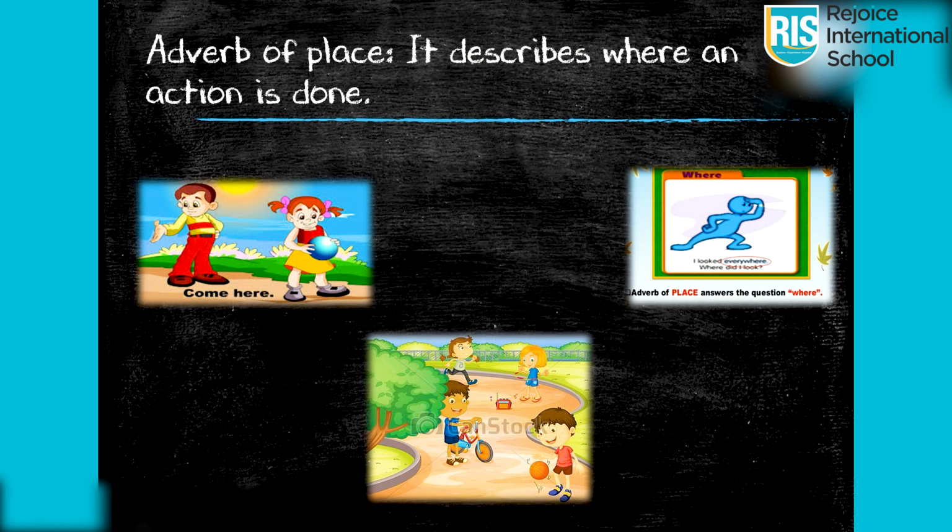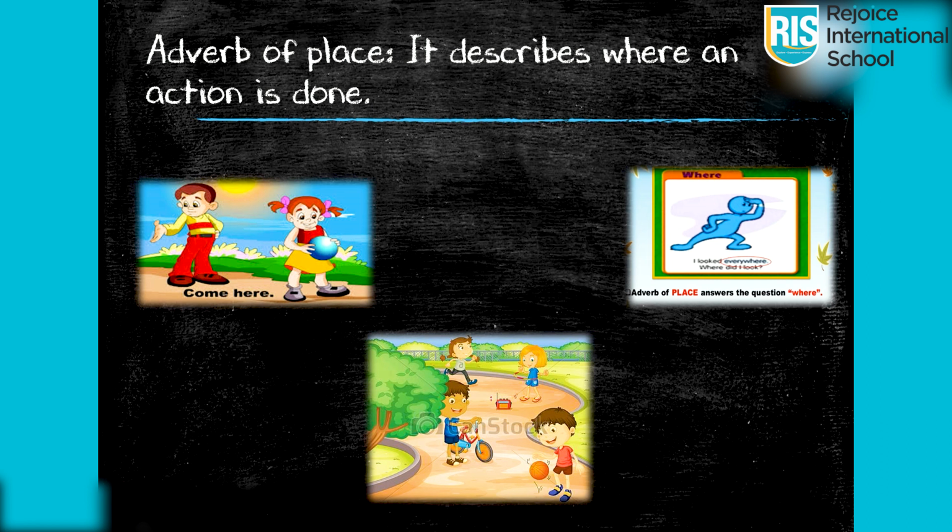The next type is adverb of place. Now adverb of place tell us where something happens, where an action is done. Let's take the example. Children, come here. The verb is come.